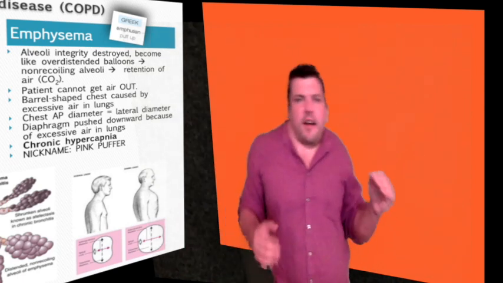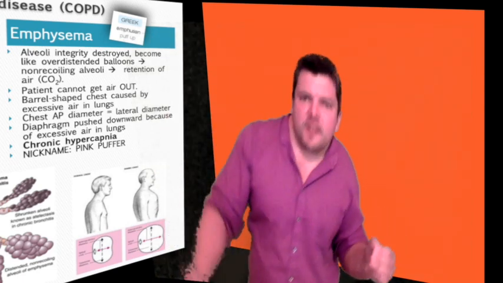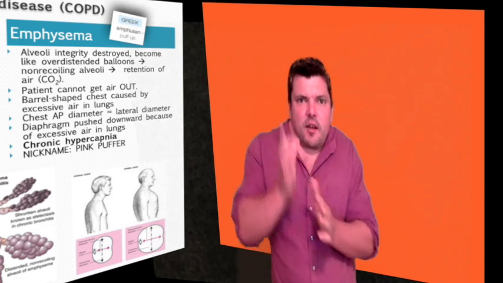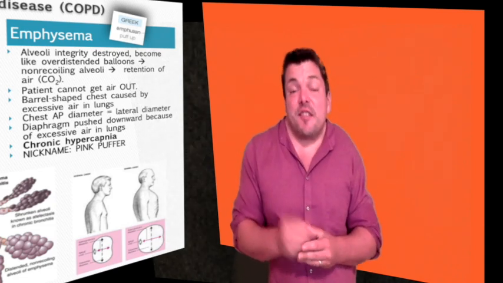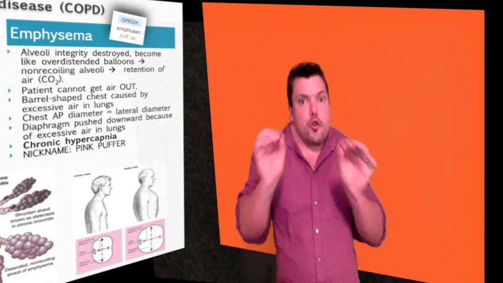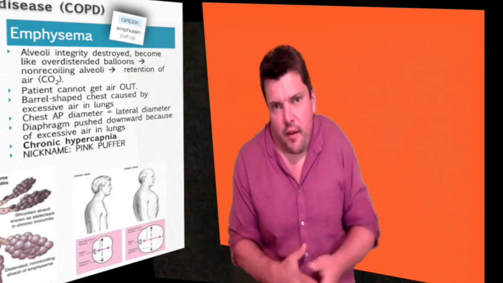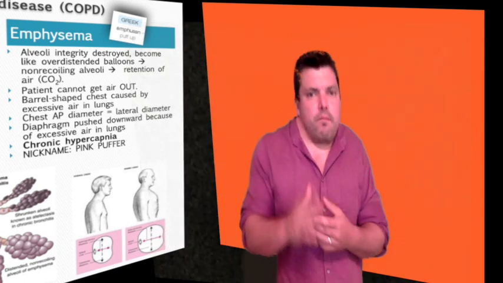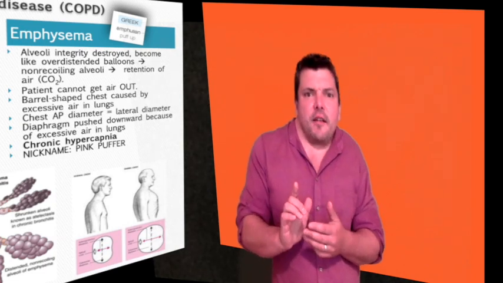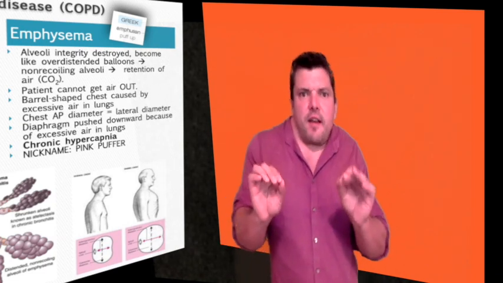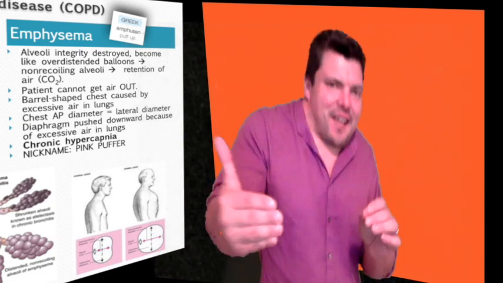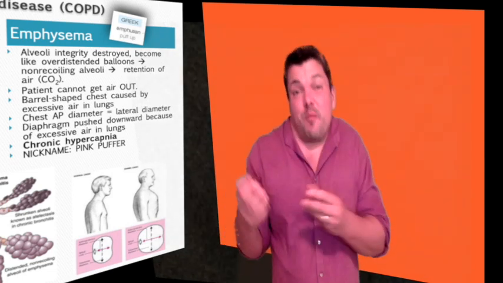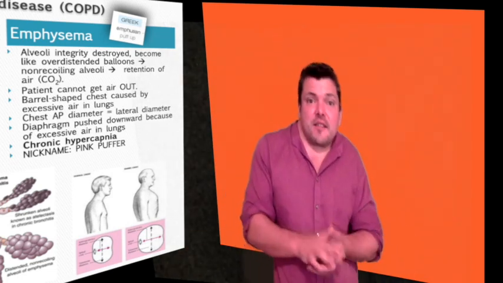Contrast chronic bronchitis with emphysema. Emphysema is not a disease of the bronchi, it's a disease of the alveoli. There's your first point of contrast right there. In emphysema, the other point of contrast is that most often emphysema is a destruction of the alveoli that's kind of a secondary consequence to the obstruction created by chronic bronchitis.